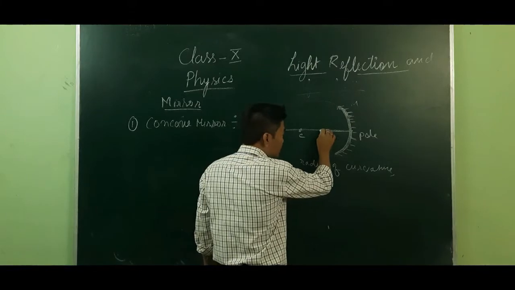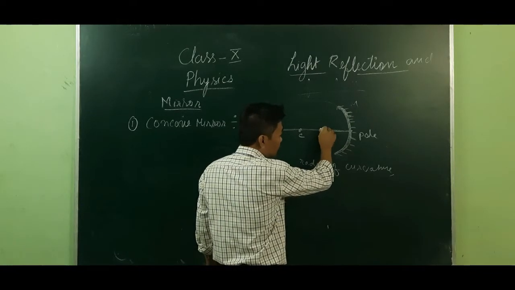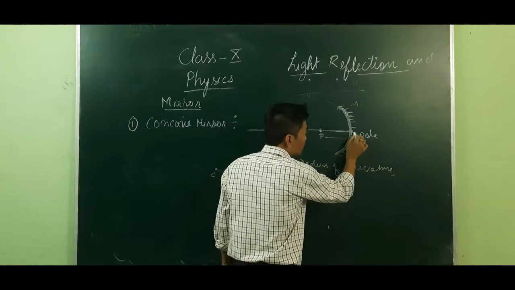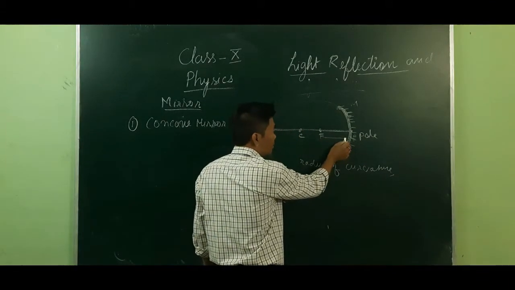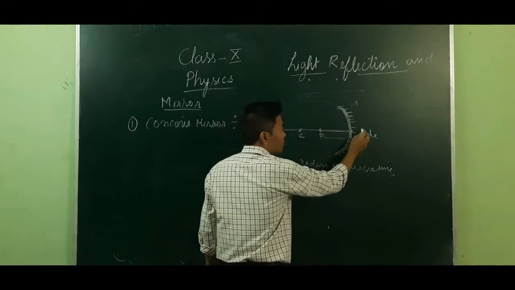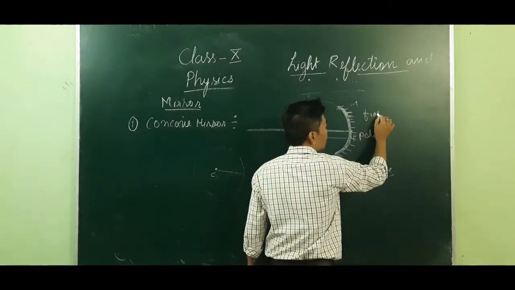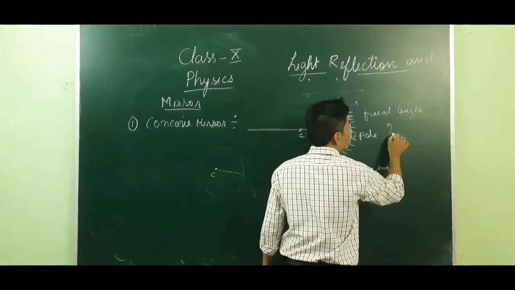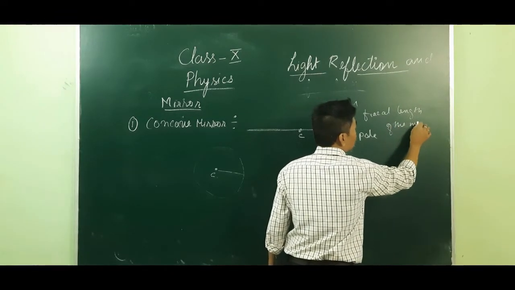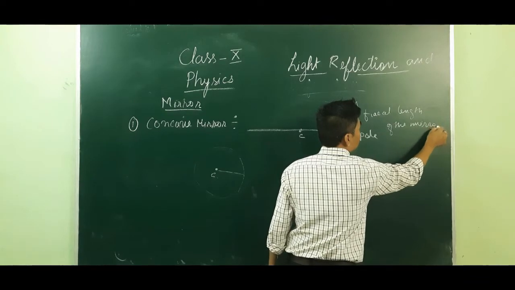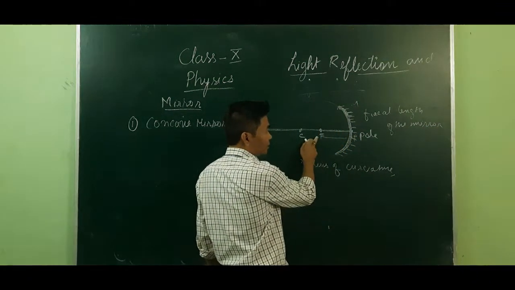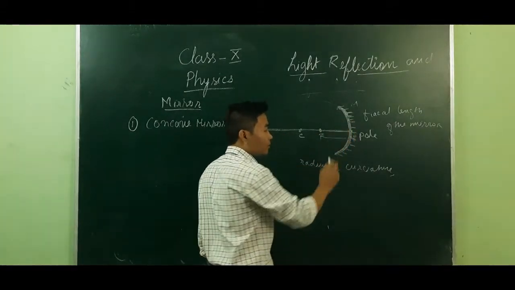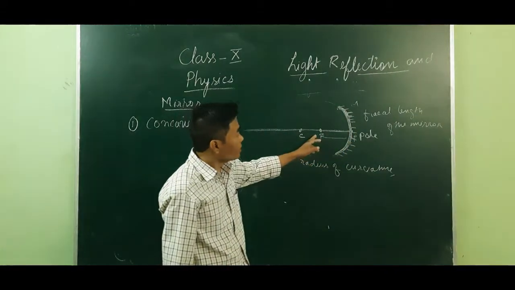Now the distance from this focus up to the pole, this short distance from the focus to the pole, is called the focal length of the mirror. The focal length, the distance from the focus to the pole of the mirror, is called the focal length.